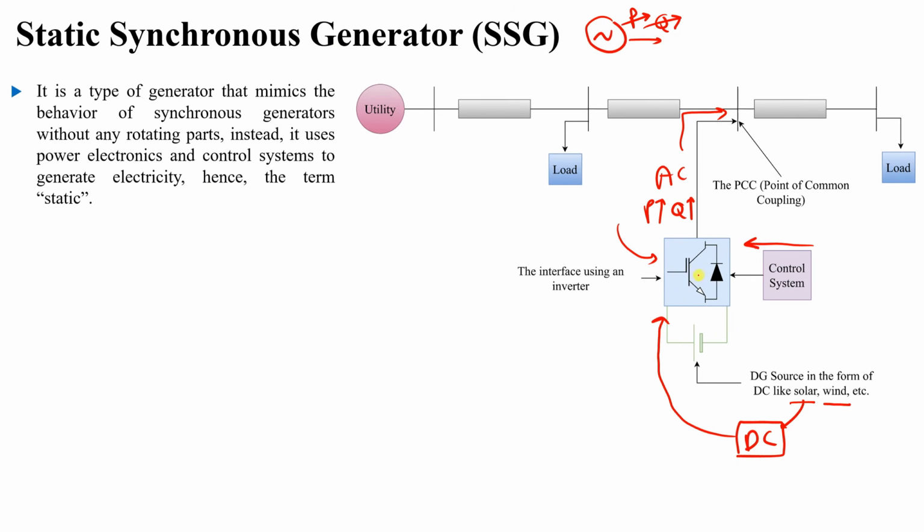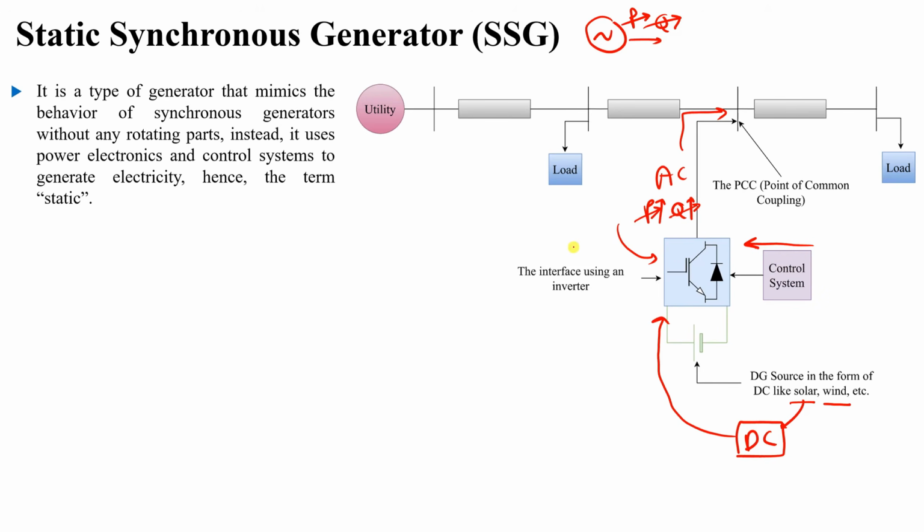This is a fully controlled three-phase inverter, in which we use IGBTs in parallel with anti-parallel diodes in order to change DC into AC. Now the question is, how can we control active power and reactive power? This is achieved by using a control system.